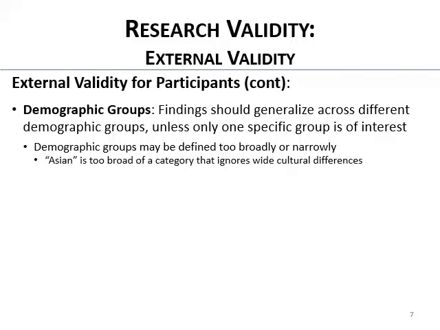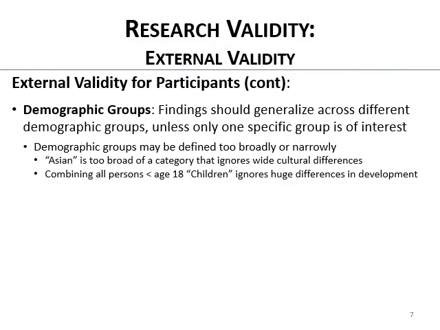For example, people categorize folks as Asian, and Asian is a really broad category that ignores lots of cultural differences between people. Another one I see all the time is they just say basically anyone under 18 is a child, and that's kind of goofy. There are huge differences in development between a 10-year-old and an 18-year-old, right? They just ignore that by throwing everyone in a group, and I think it's kind of ridiculous that they do that sometimes.